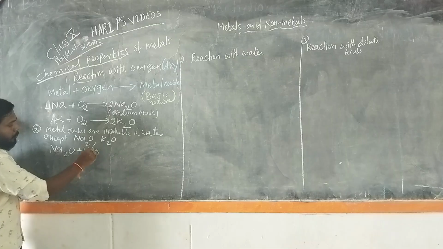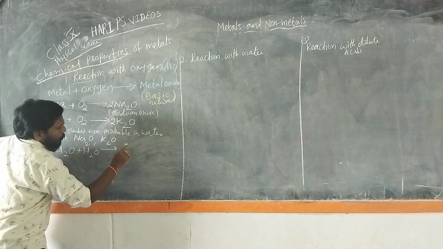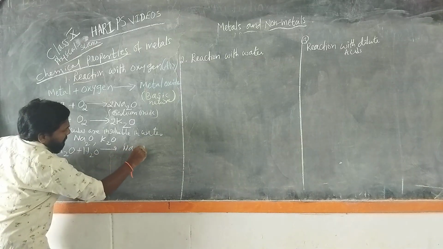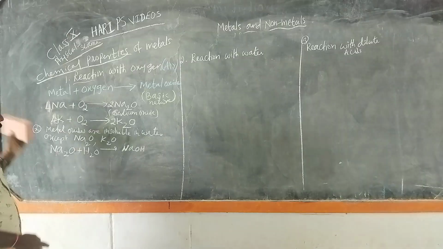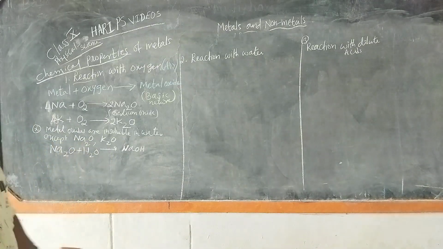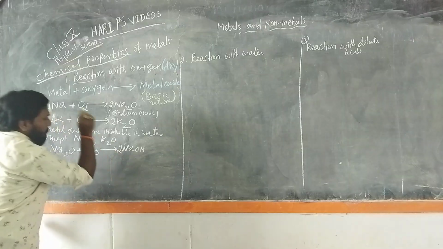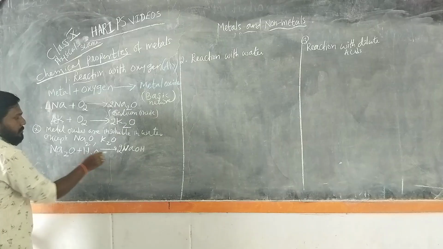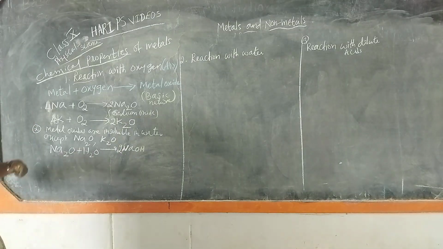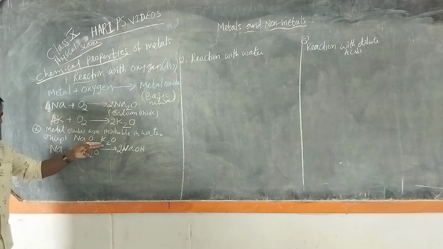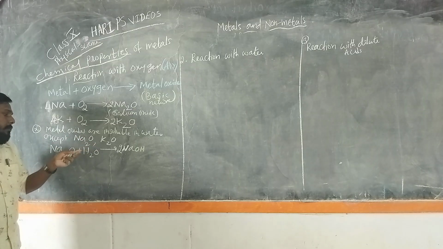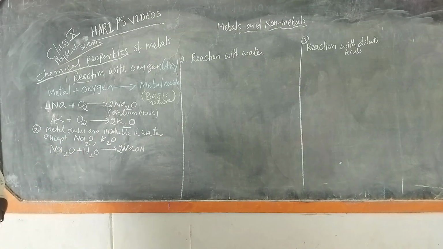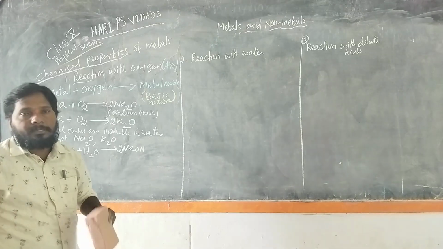Na2O + H2O gives 2NaOH, sodium hydroxide, which is a base. It is balanced: two sodiums, two hydrogens, two oxygens on each side. Similarly, potassium oxide also dissolves in water and forms potassium hydroxide, a basic substance.